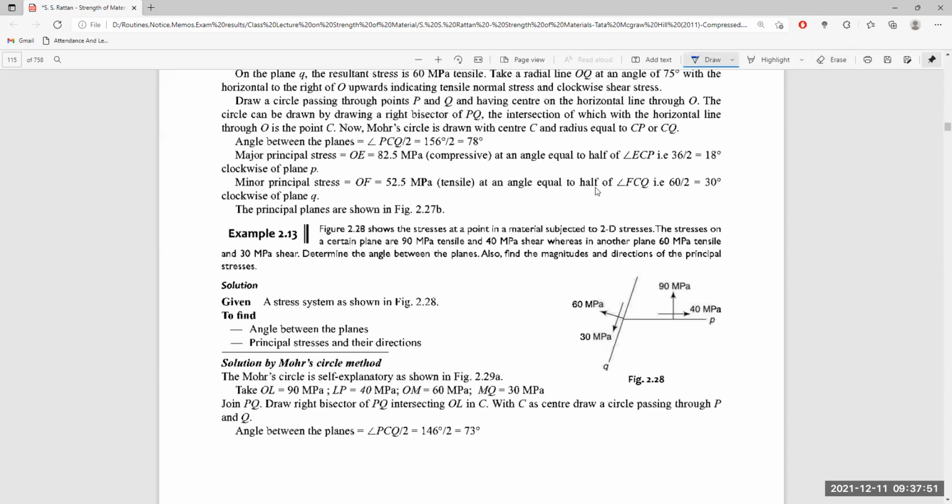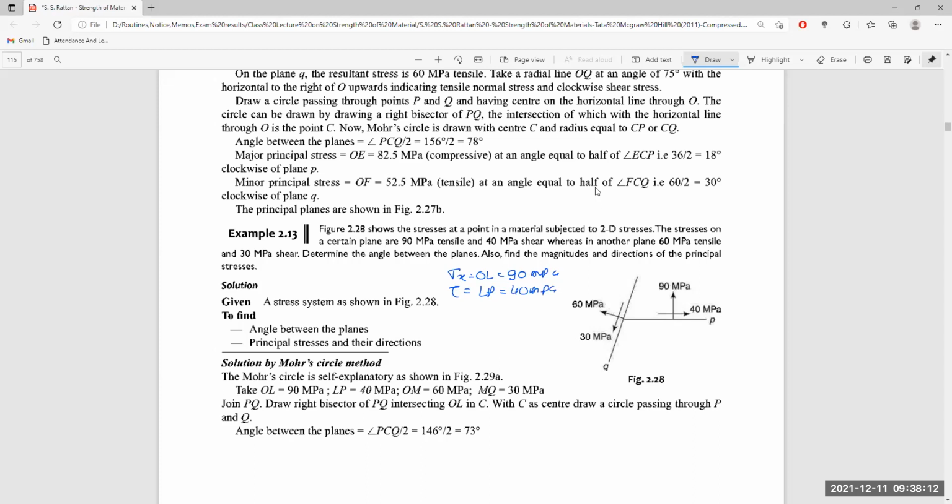So here OL is sigma x, OL is equal to 90 MPa, and LP is tau, MP is given as 40 MPa.